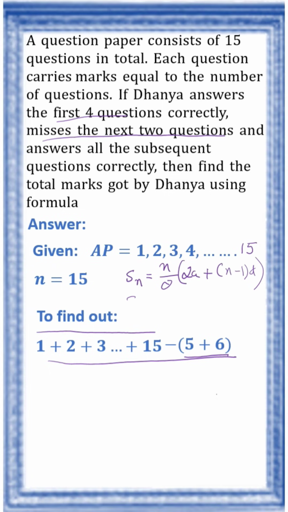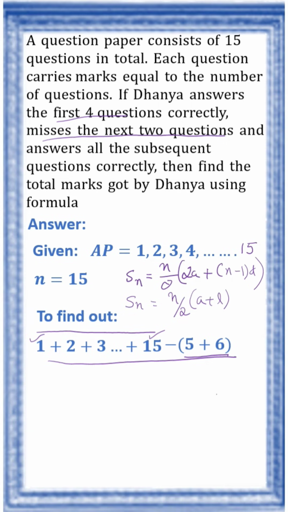Now the next formula is Sn is equal to n by 2 into a plus l. This one you can use. Here n is 15, a is 1, l is 15. Then you have to subtract 11 from that.